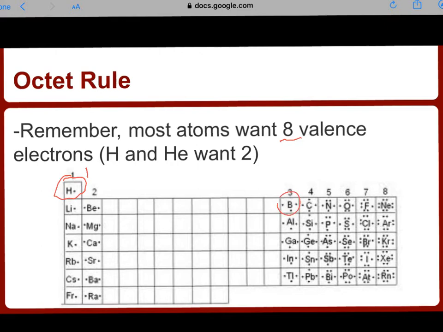Boron right here has 3 valence electrons, so it would like to get 5 more. Carbon over here has 4, so it wants 4 more valence electrons. Nitrogen has 5, so it could use 3 more. Oxygen has 6, so it could use 2 more. And then fluorine has 7, so it could use 1 more. And then these already have 8, so they don't need any more.